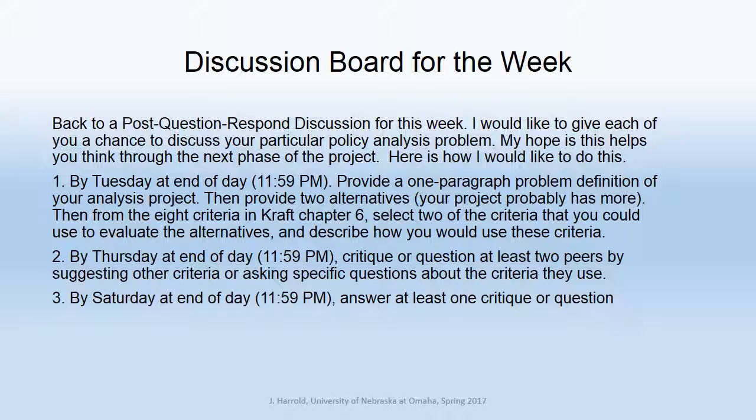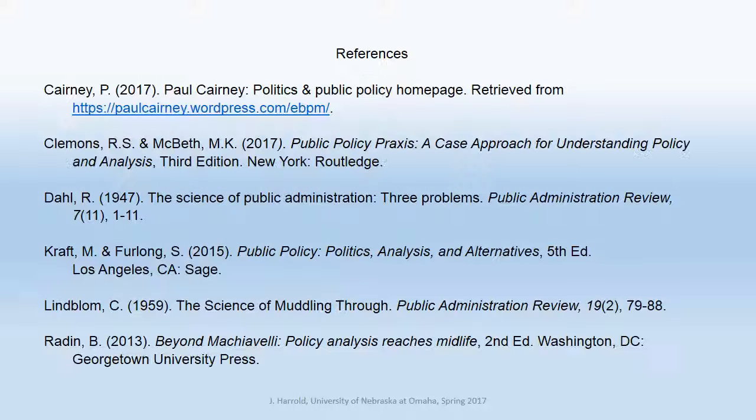So that's what I want you to talk about in your Tuesday post. And then by Thursday, take a couple of classmates and examine what they said and ask them some specific questions about whether they considered other alternatives, or offer some comments or opinions on the criteria that they did offer. And then by Saturday, of course, I want you to respond to at least one of those critiques.